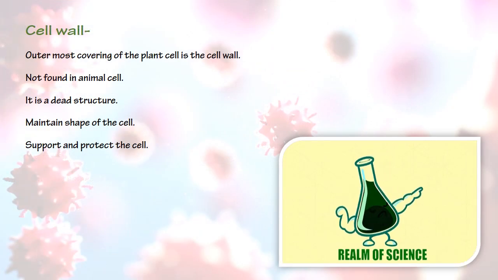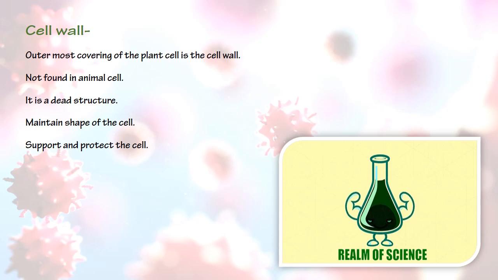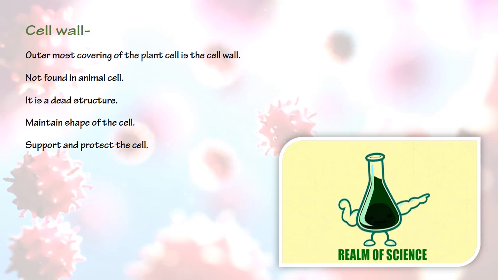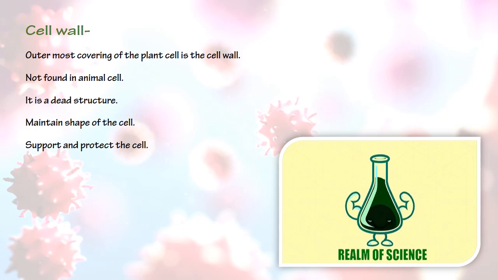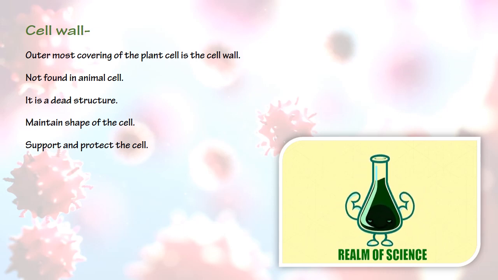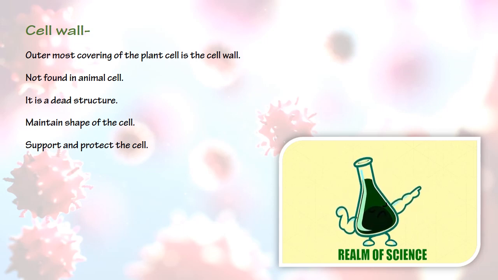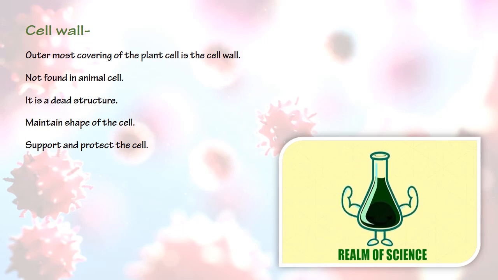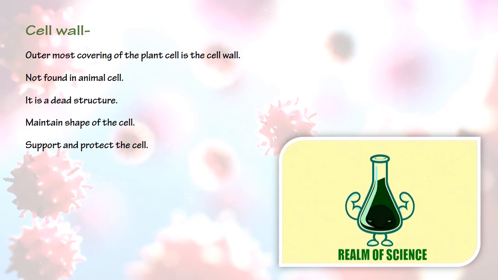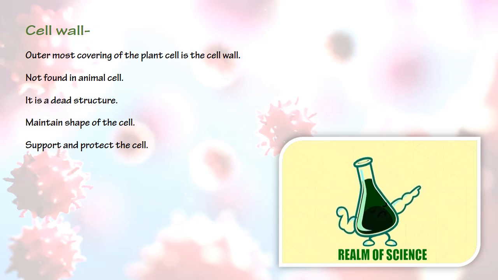Okay, cell wall. The cell wall is a structure of the plant cell. Animal cells do not have a cell wall, and it is a dead structure. But all the other organelles are alive inside the cell.